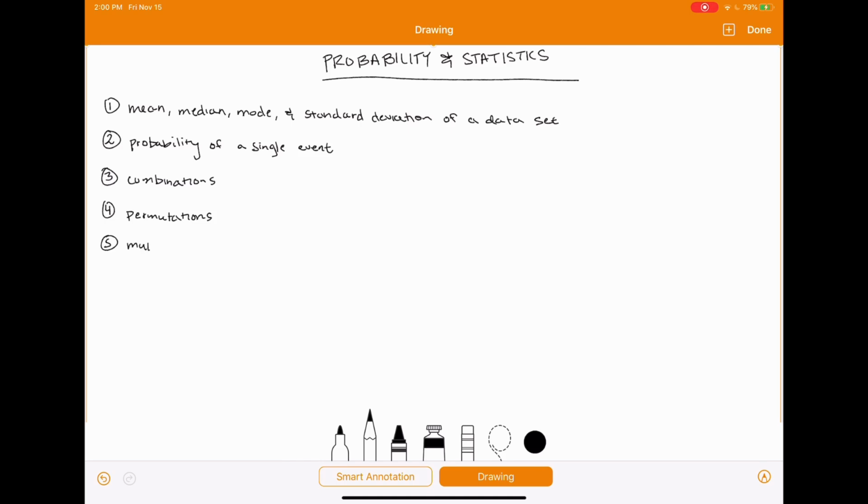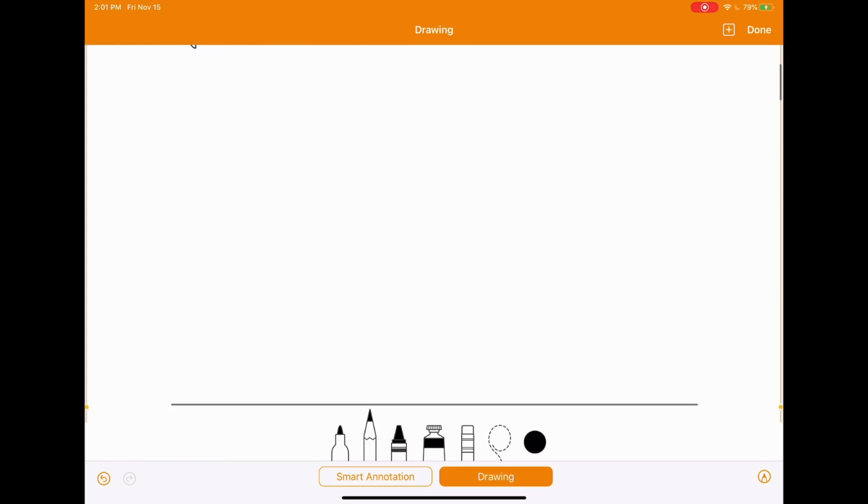And multiple permutations. And then finally, the probability of multiple events, multiple consecutive events. All right, so let's go ahead and just dive right in.